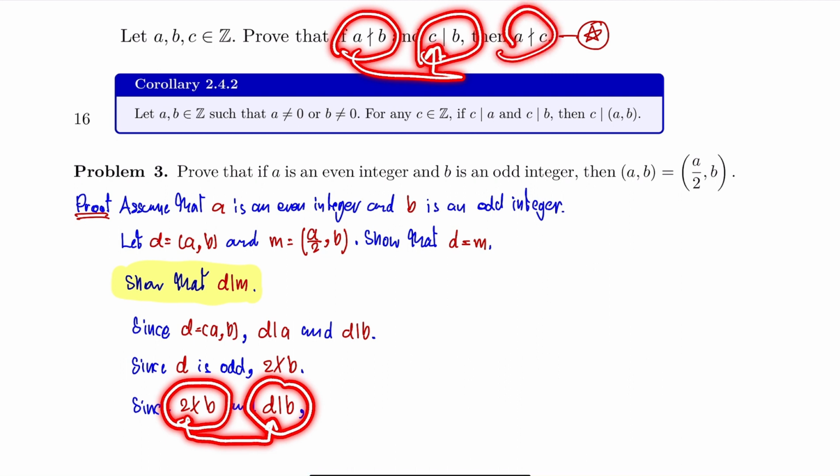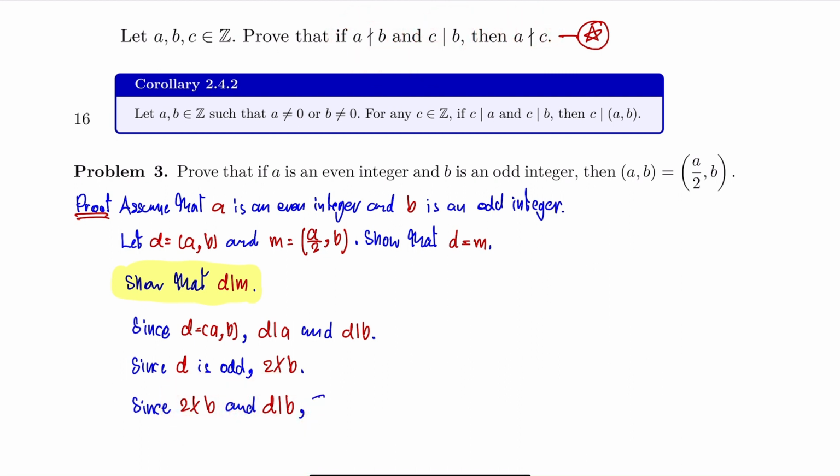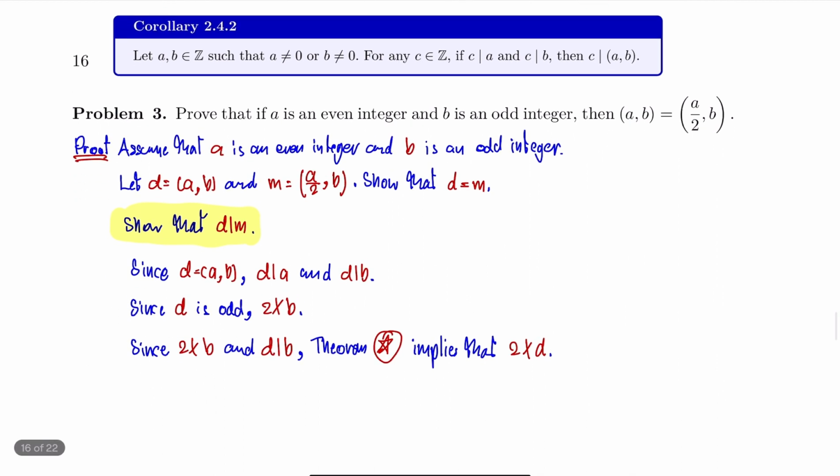So by theorem star, it implies that 2 does not divide d. Okay, so once 2 does not divide d, what next?